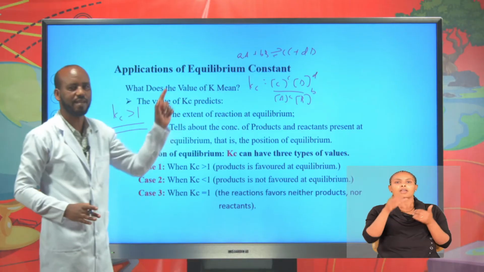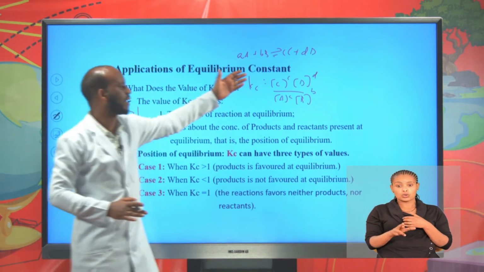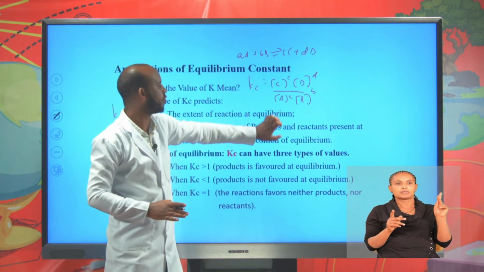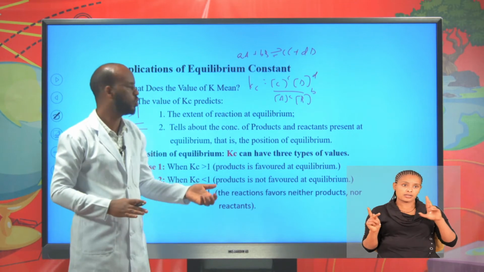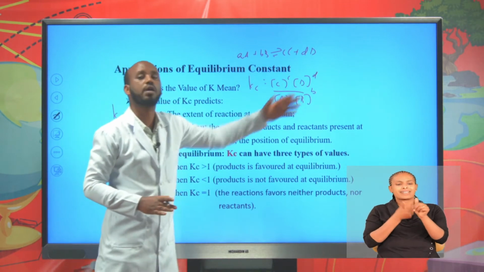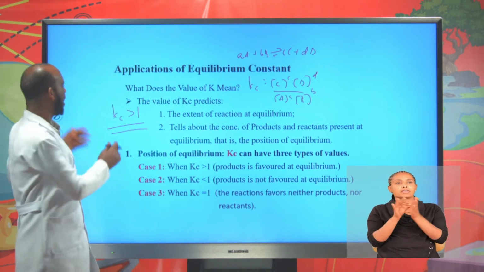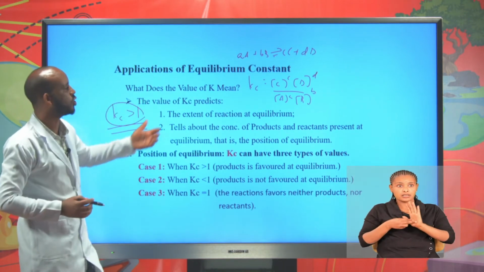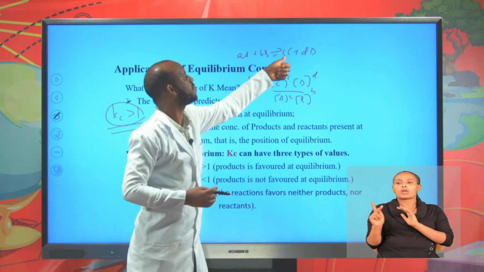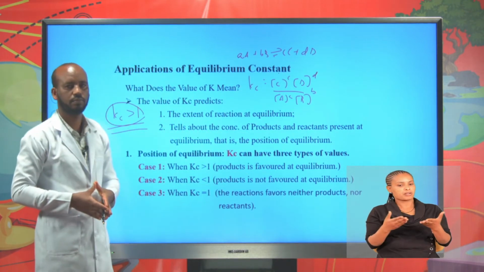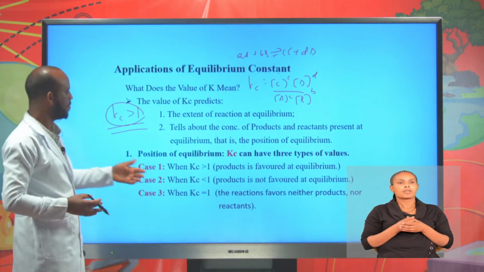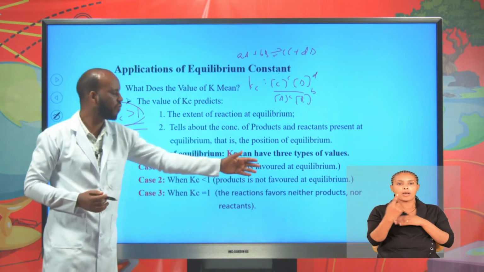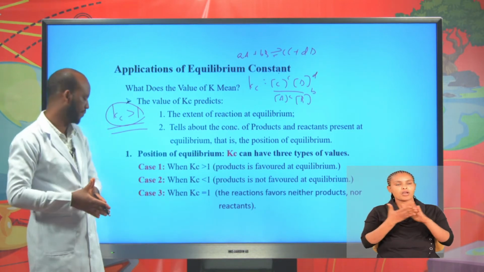Therefore, Kc is the ratio of the concentration of products to that of the reactants raised to their respective coefficients. Now, Kc greater than 1 means formation of product is favored. You see? Kc greater than 1, product is favored at equilibrium.